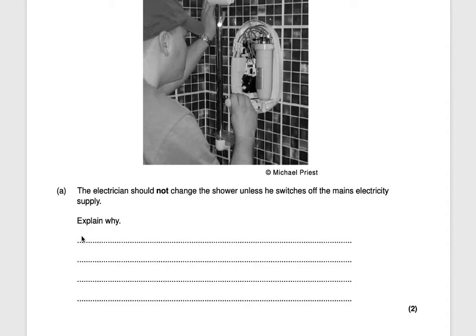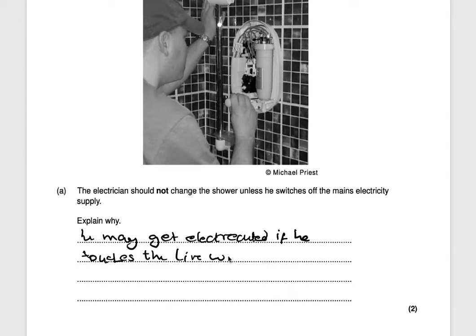So he may get electrocuted if he touches the live wire. That would get you 2 marks. You need the live wire, that's the key detail there, and he will get electrocuted.